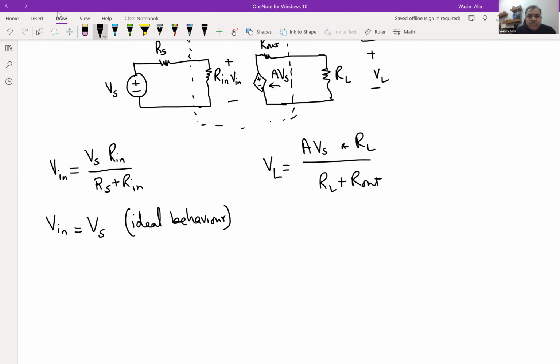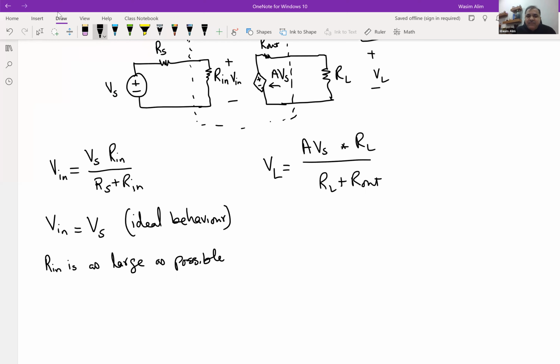We have to design this circuit in such a way that Rin is as large as possible. So the largest resistor that we could see is, of course, open circuit, right?